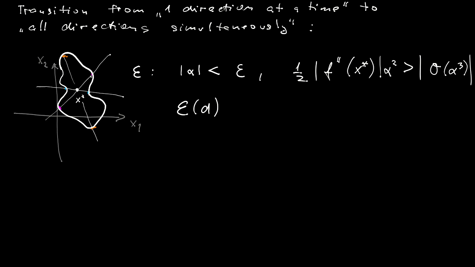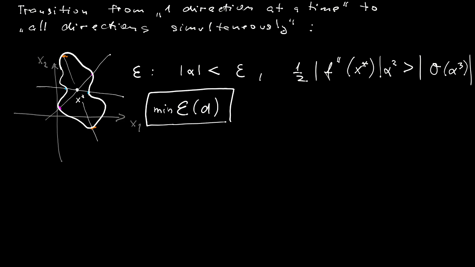So now what we are after is the following question: among all these epsilons parametrized by d, can we find one that has a minimum value?